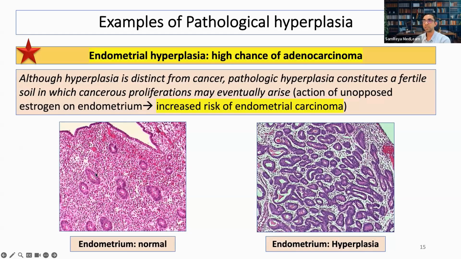You see these round structures, all of these are glands, and the connective tissue is called stroma. That is the terminology we use for endometrial tissue, right? On the right side, same magnification image, but what you see here is a very much increased number of glands. This is what happens during endometrial hyperplasia, and this has happened because of excessive estrogen stimulation.